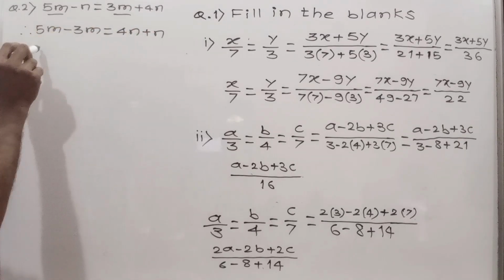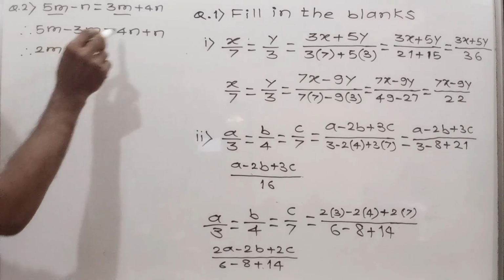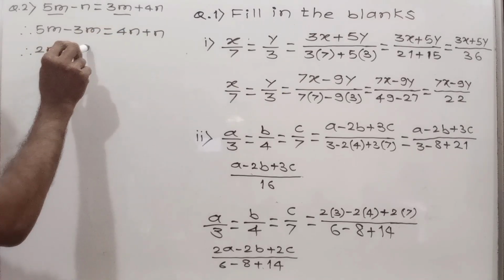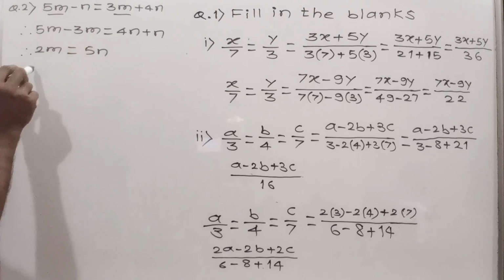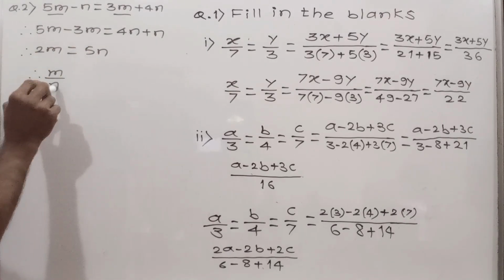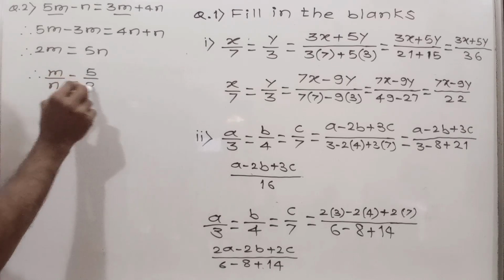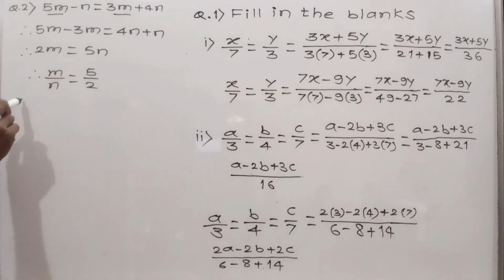Therefore 5m minus 3m means 2m is equal to 4n plus 1n, 5n. We write m upon n. We take this n here and 2 here, right side.